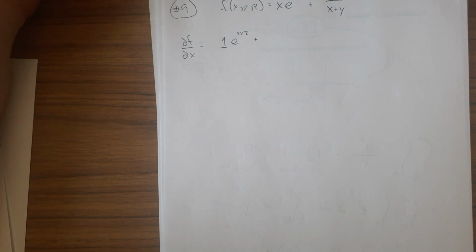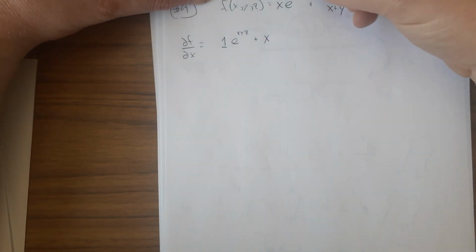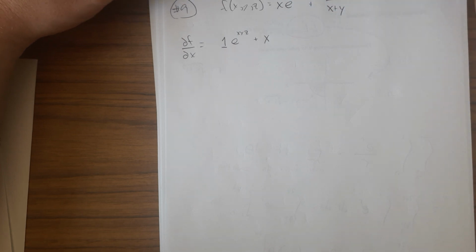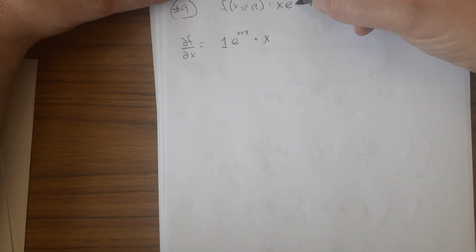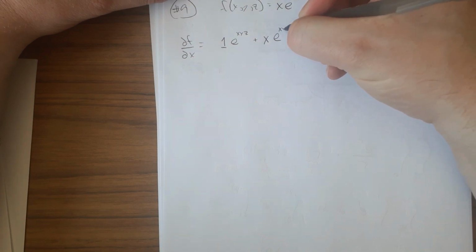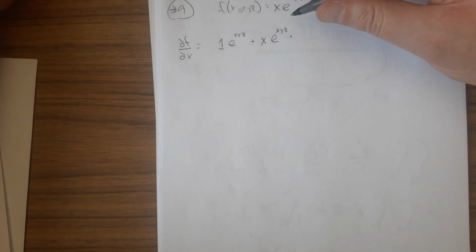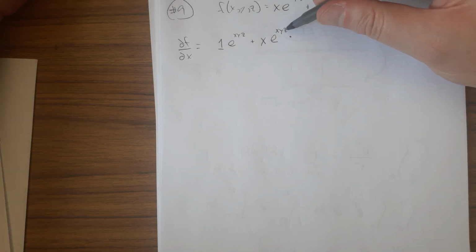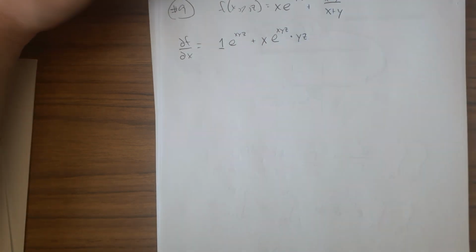The product rule has 2 parts, and for the next part I'm going to leave the x the way it is and do the derivative of e to the xyz with respect to x. So that's a chain rule. The derivative of e to the whatever is e to the whatever, but I have to multiply by the derivative of the inside. And when I say derivative, I mean with respect to x. The derivative of xyz with respect to x is yz.